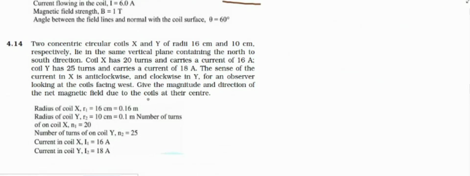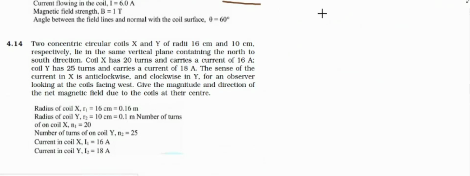Coil Y has 25 turns and carries a current of 18 ampere. The sense of the current in X is anti-clockwise and clockwise in Y. For an observer looking at the coils facing west, give the magnitude and direction of the net magnetic field due to the coils at their center.